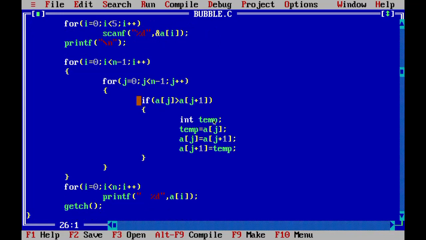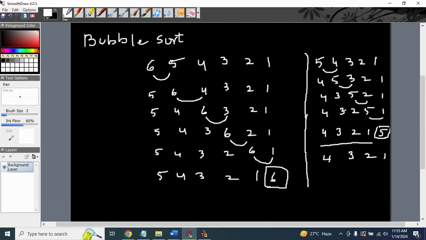So please trace this. Please trace the code the way we have traced insertion sort and selection sort code. You please also trace the code for bubble sort. So this is how you understand after writing the algorithm. When you trace the code, then you will understand how to sort the array elements.